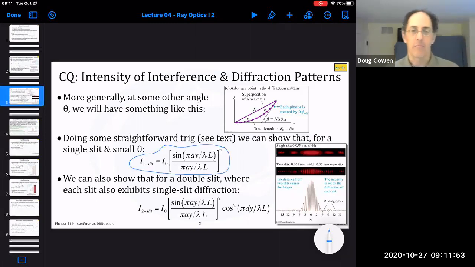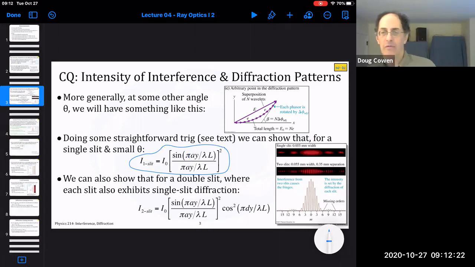It depends on some base intensity, and it's modulated by a factor that looks like sine of alpha over alpha squared, where alpha is pi a y over lambda L. And notice that it includes this term a, which is the slit width. So this is really a diffraction effect. It depends on the width of the slit through which the light is traveling.